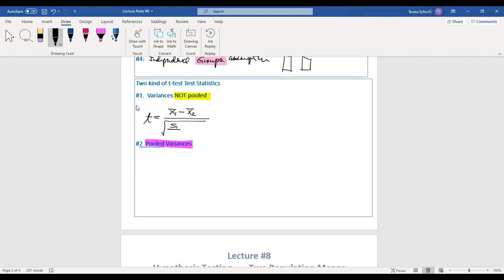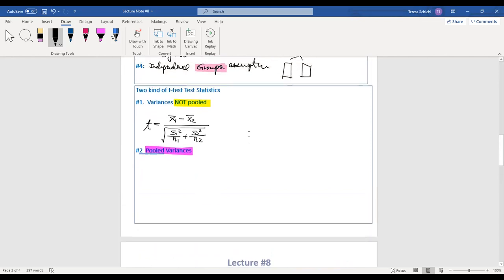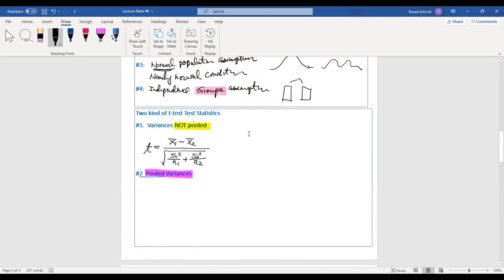So this is S1 squared over N1 plus S2 squared over N2, right? This is what we call not pooled.